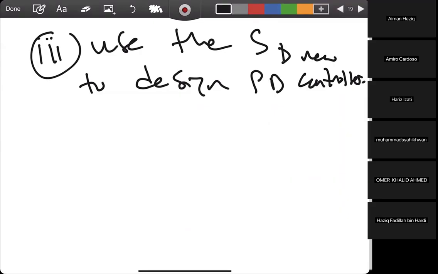Haziq, Fadilah, how to design a PD controller? Anas, how to design a PD controller?